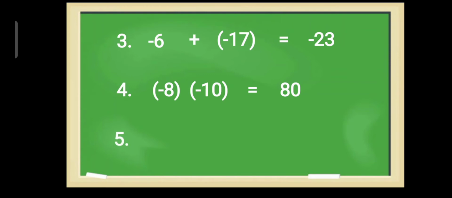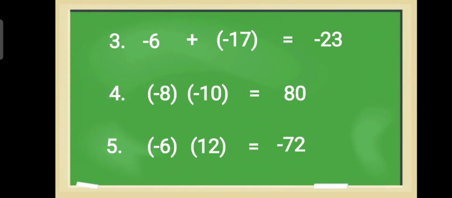How about number 5? We have negative 6 times positive 12. What do you think is the answer? The answer is negative 72. These ideas will help you to fully understand our lesson for today.